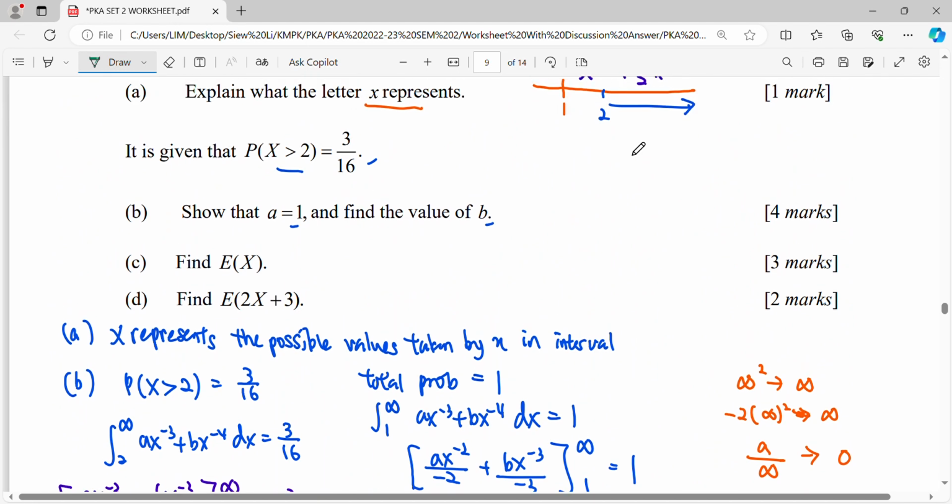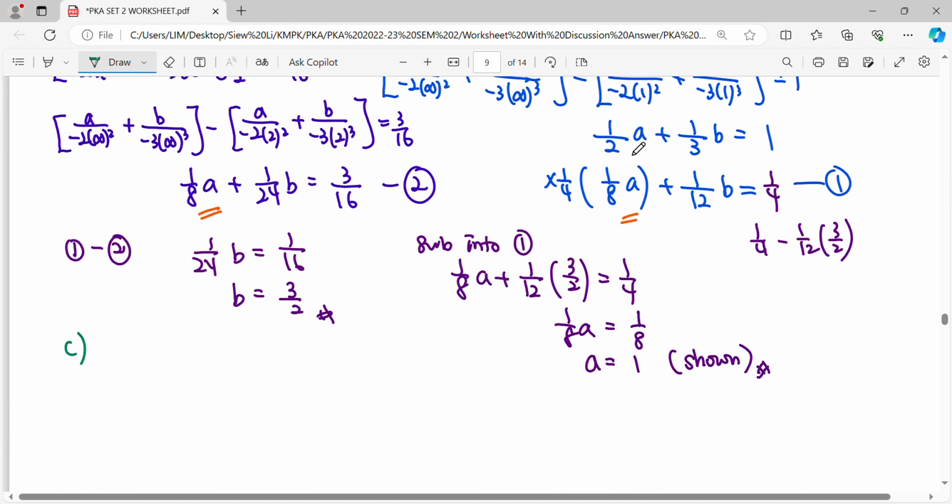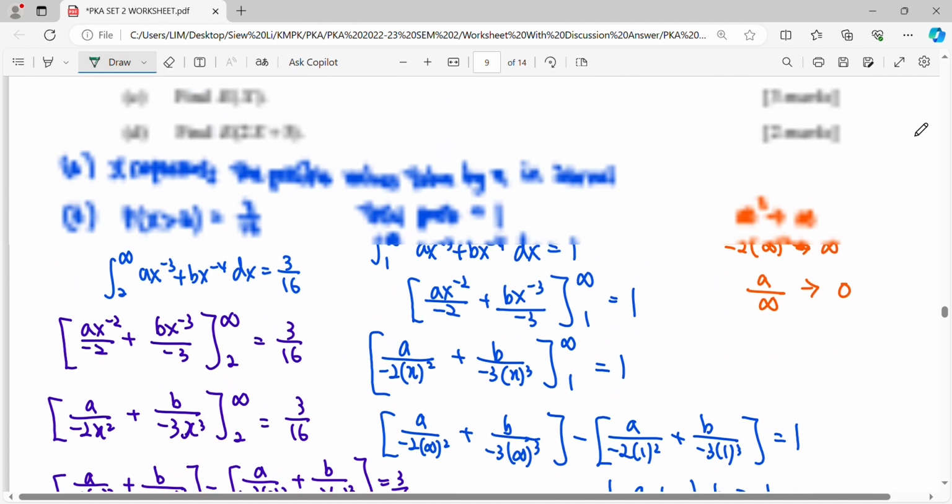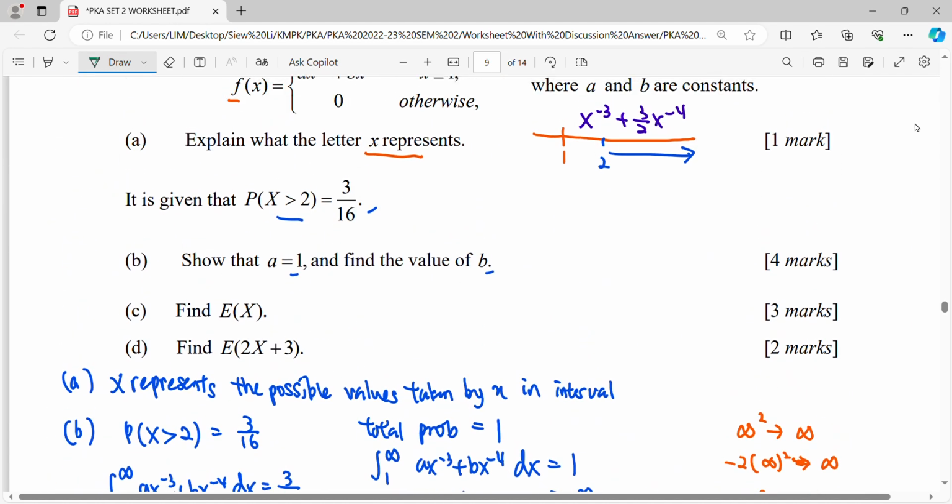Finding E(X). In the continuous E(X) formula, integrate from the lower limit up to the upper limit, x times the function, with respect to x. For our case, look at our interval: lower limit is 1, upper limit is infinity.